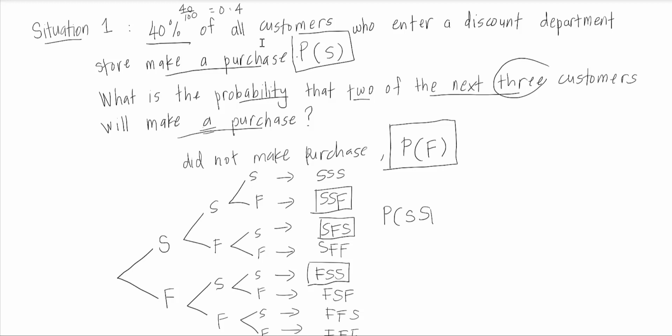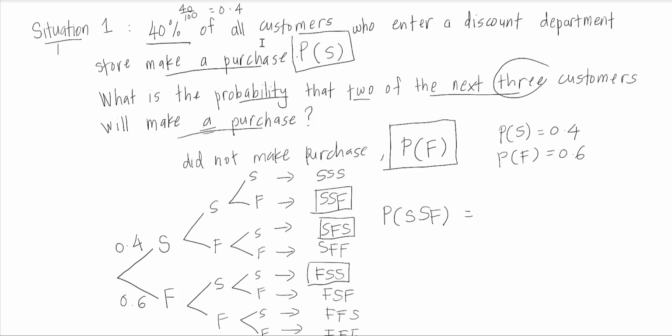We must look for the probability of SSF. What is the probability of SSF? Success, success, and fail. The probability of getting success is 0.4, and for not making a purchase, the probability is 0.6, because 1 minus 0.4 is 0.6. So the probability of success is 0.4 and the probability of failure is 0.6.